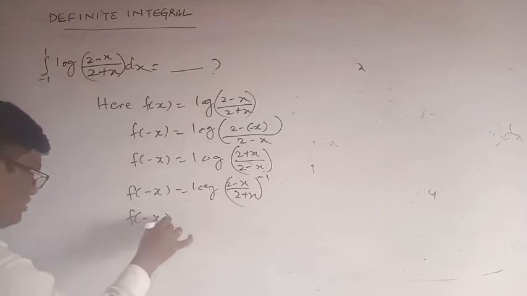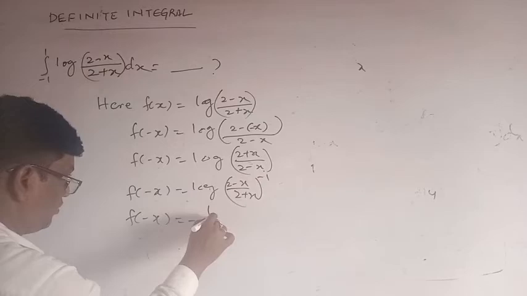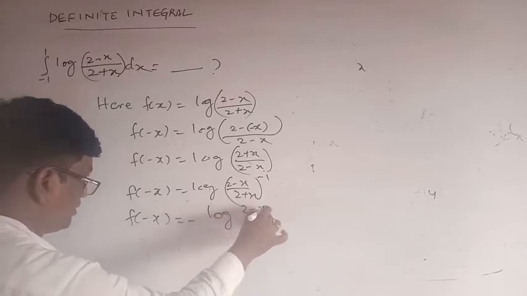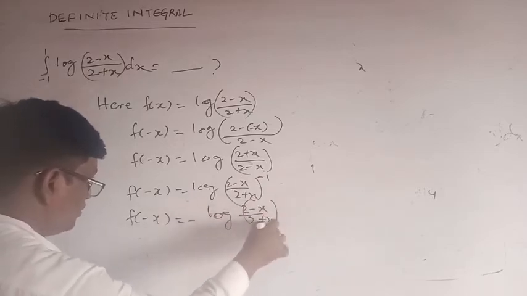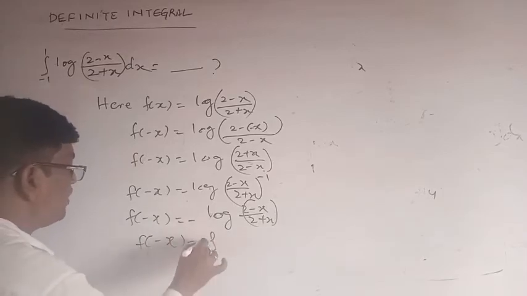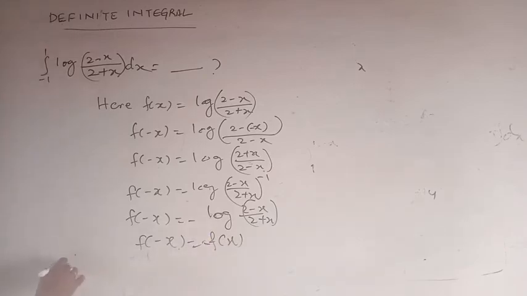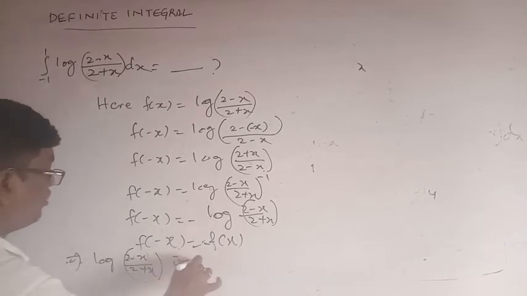So f of minus x is minus f of x. So this is an odd function. That implies log of (2 minus x) by (2 plus x) is an odd function.